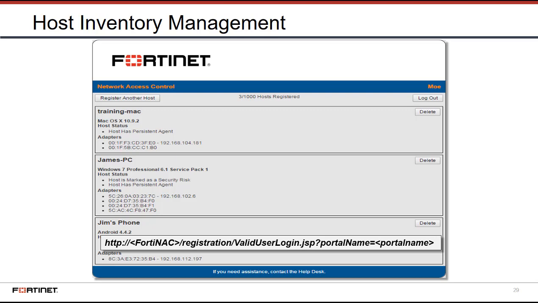You'll see it's http://, the FortiNAC, so that's the fully qualified domain name of the FortiNAC. And this is all case sensitive: /registration/validUserLogin.jsp, with a capital U and L. And then after JSP, we have a question mark, portalName, with a capital N, equals the portal name that you created to be your host inventory portal.